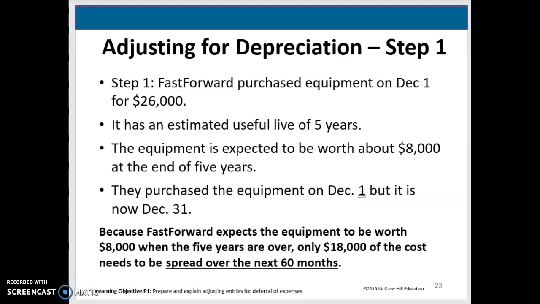Again, we could break it down by years first and divide it by 5, but then we have to divide it by 12 to figure out how much we're going to expense every month. So you can easily just convert the years to months. So 5 years times 12 months gives us 60 months. If we take 26,000 minus 8,000, that gives us 18,000 as the cost we're going to spread out over 60 months. So we take 18,000 divided by 60 months, and that's going to tell us how much to depreciate.